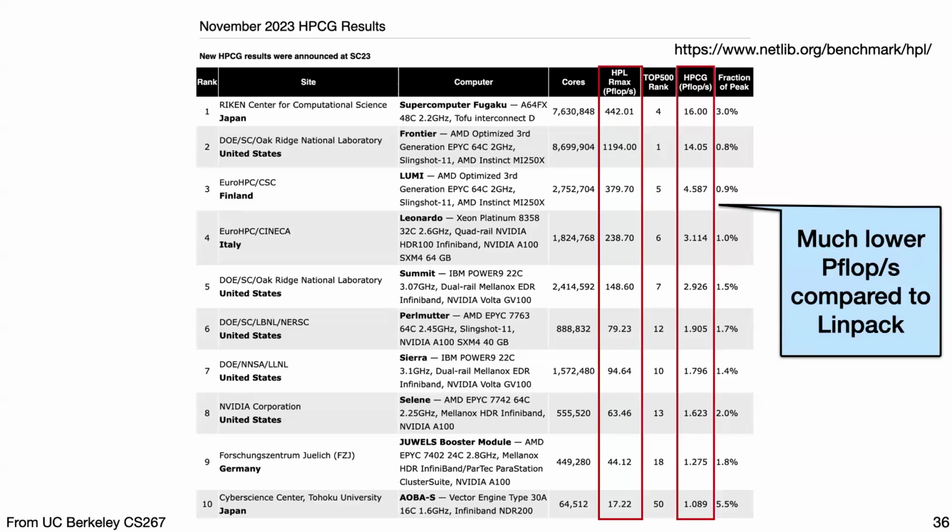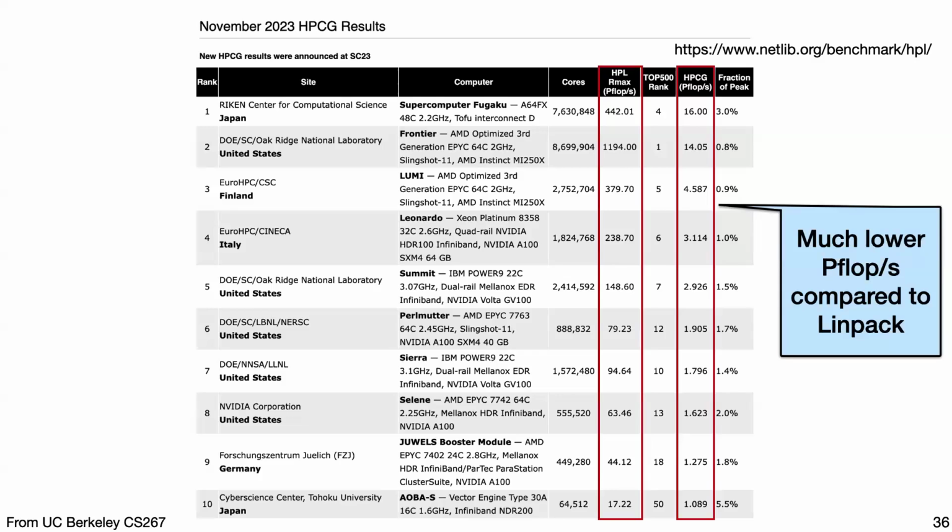However, if you look at the petaflops per second in HPCG, it is much, much lower. So this one was 442, this one is 16. This one was almost 1,200, this one is 14. So it is expected that the petaflops, or the percent of peak, that sparse problems can reach is much lower, because they're bottlenecked more by memory access than by compute time.